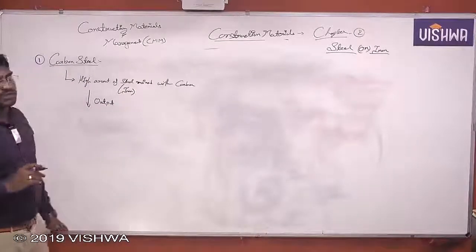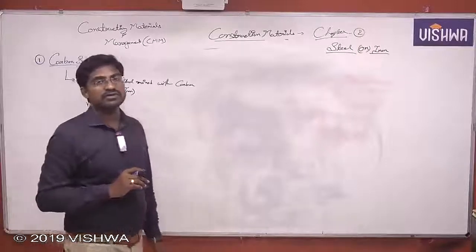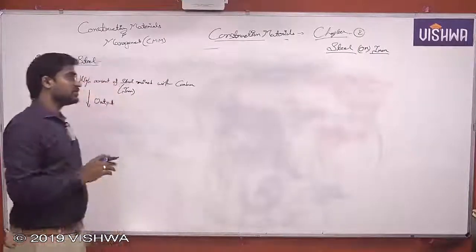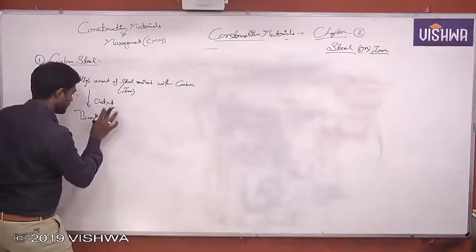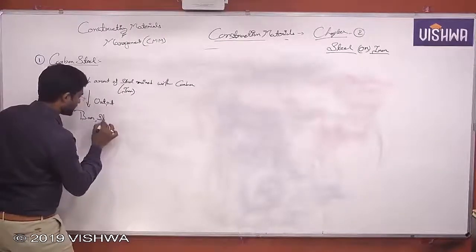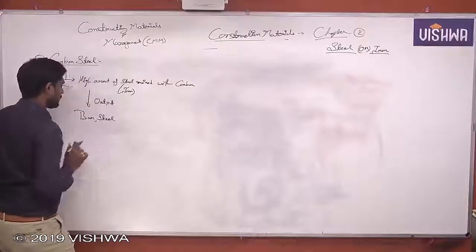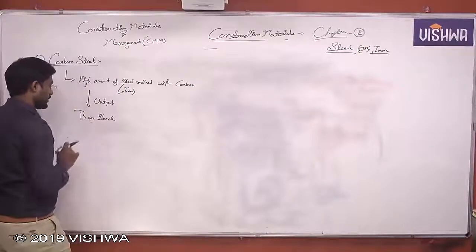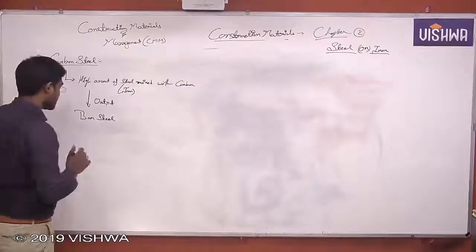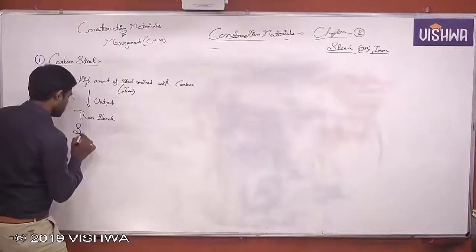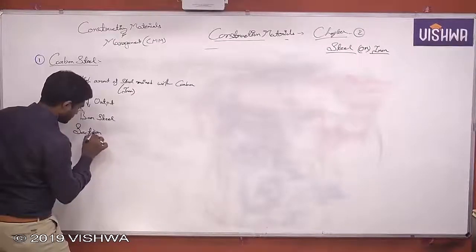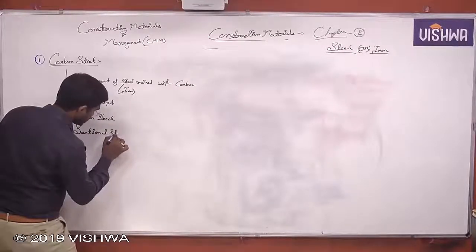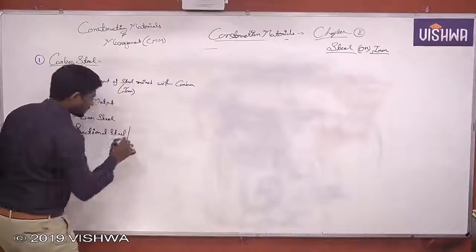In general we can see different types of steel, generally called bar steel or bar iron. Next, sectional steel or complex steel.